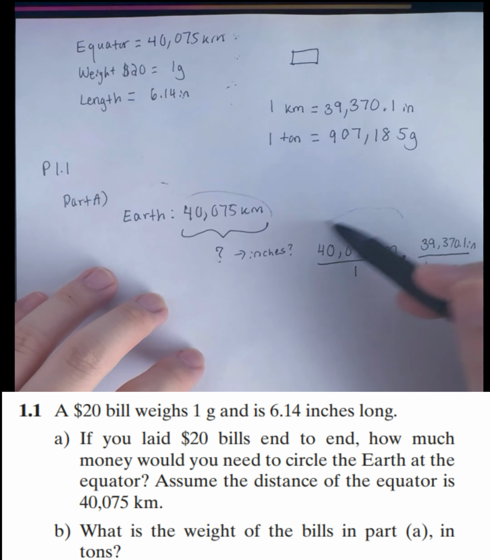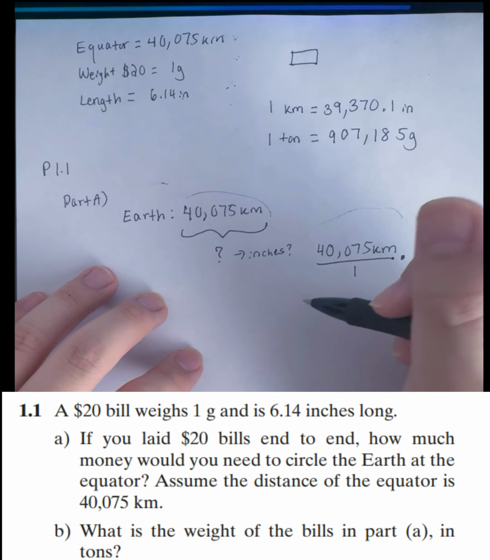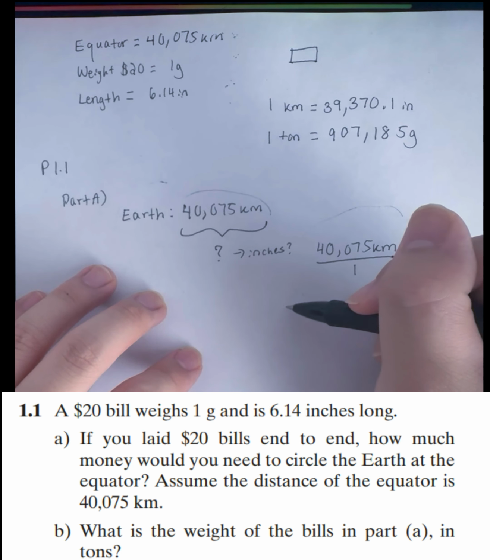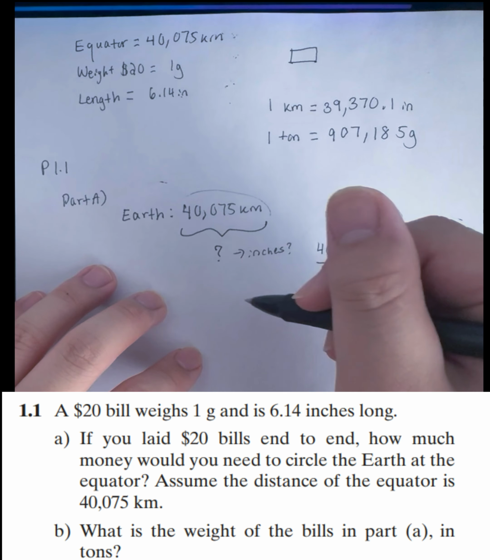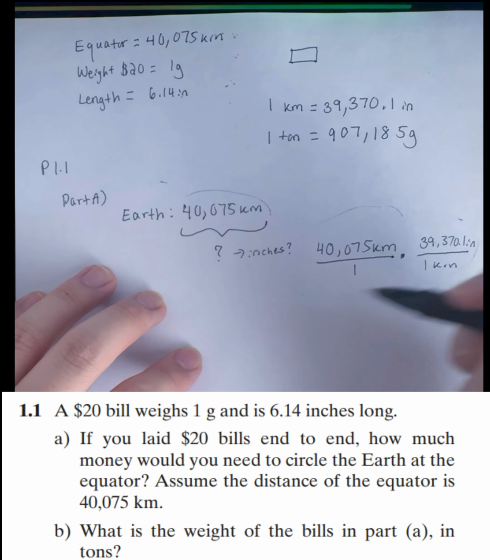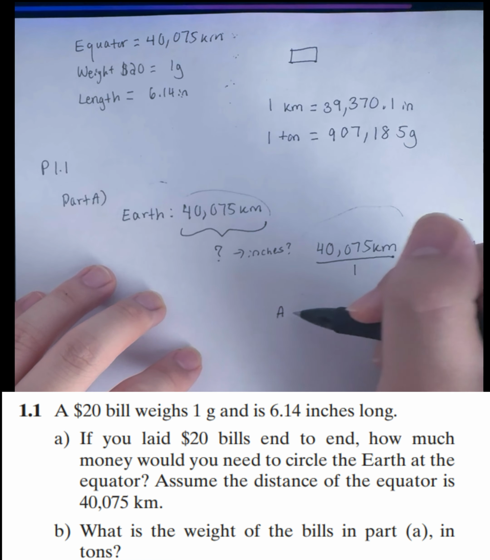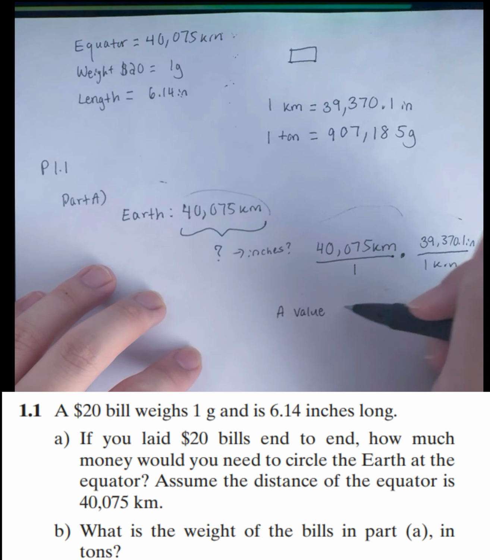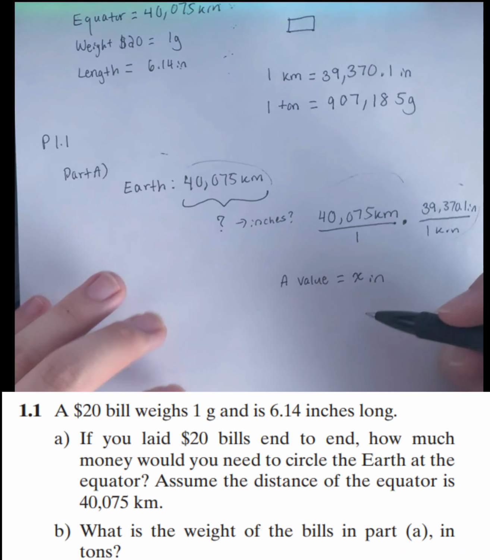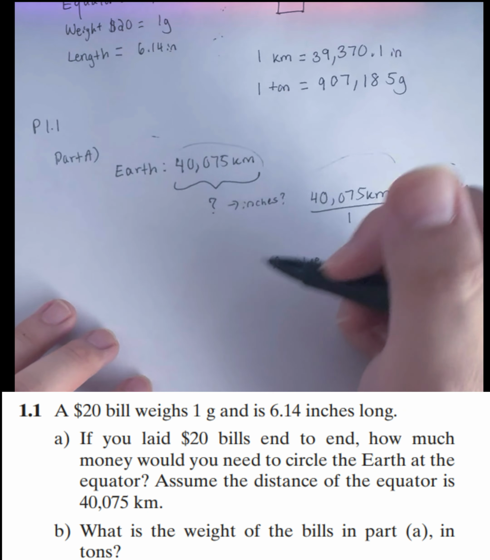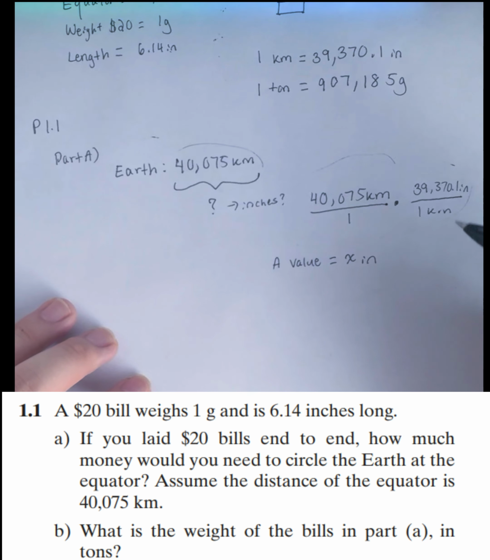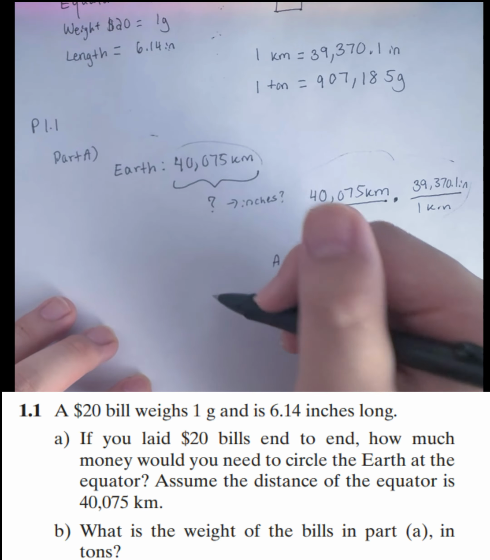So we have this dimensional analysis set up. We can plug it into our calculator and get a value. Let's call it x, because I want to do all the calculation at once. This way we avoid any rounding errors.